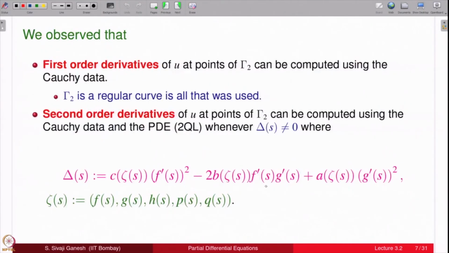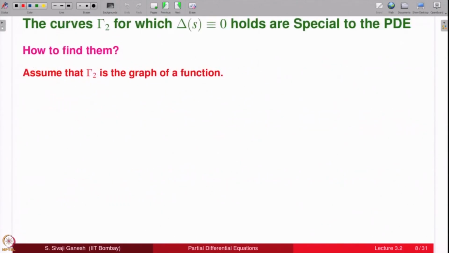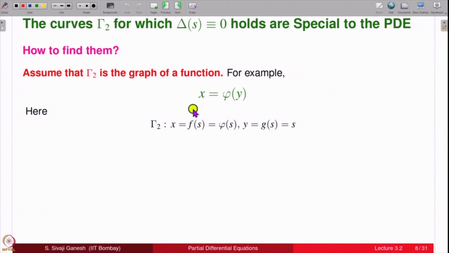Now, we would like to understand this condition in more detail. What is this curve where delta s is identically equal to 0? How does that curve look? Let us assume to start with that the gamma 2 that we considered is not parametrically defined, but is a graph of a function of the type x = phi(y).